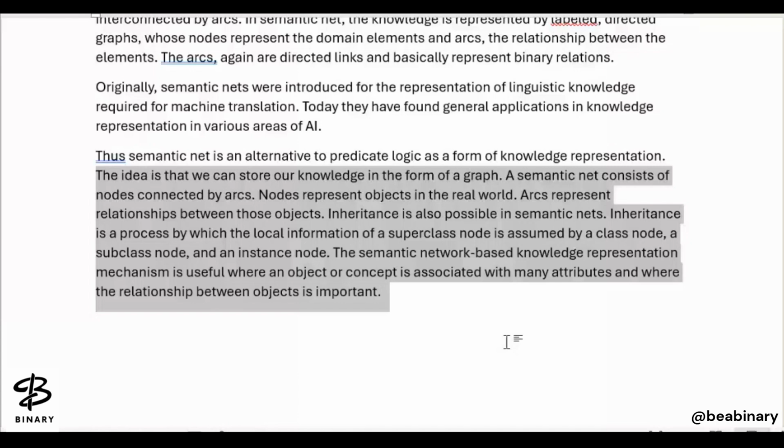The parent-child relationship, right? So inheritance is a process by which the local information of a superclass node is assumed by a class node, a subclass node, and an instance node. So here the graphical representation shows the various relationships according to the superclass and the subclass, and the parent-child relationship is represented by the semantic networks.